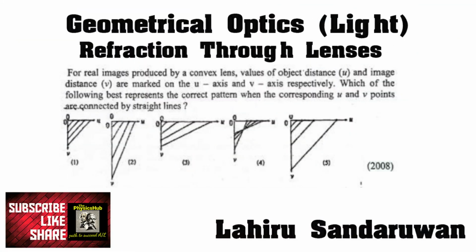For real images produced by a convex lens, values of object distance and image distance are marked on the U-axis and V-axis respectively. Which of the following best represents the correct pattern? The corresponding UV points are connected by straight lines.